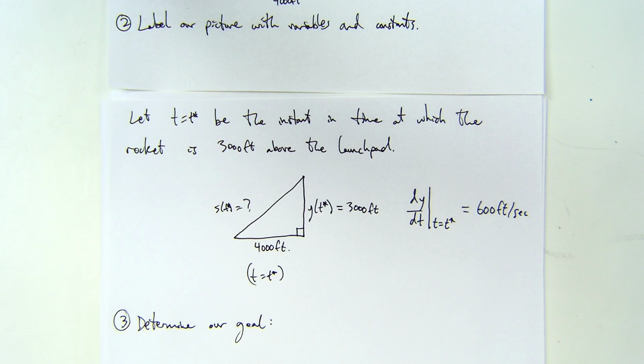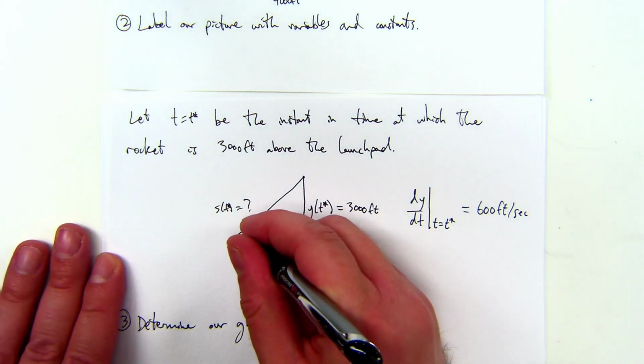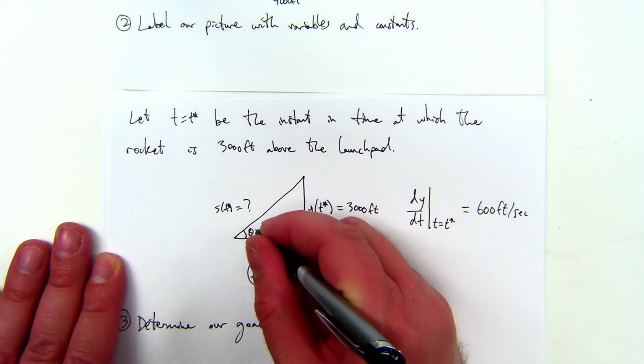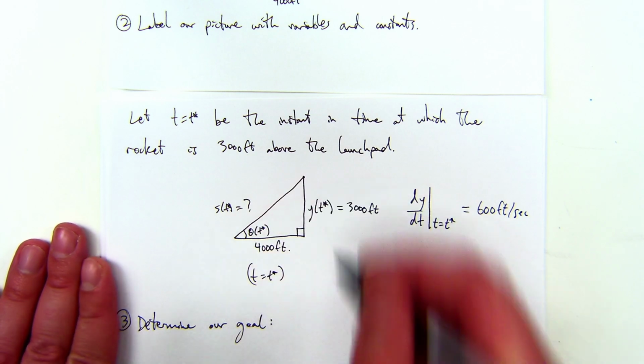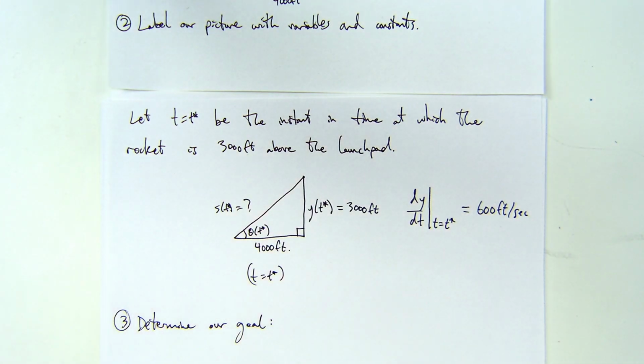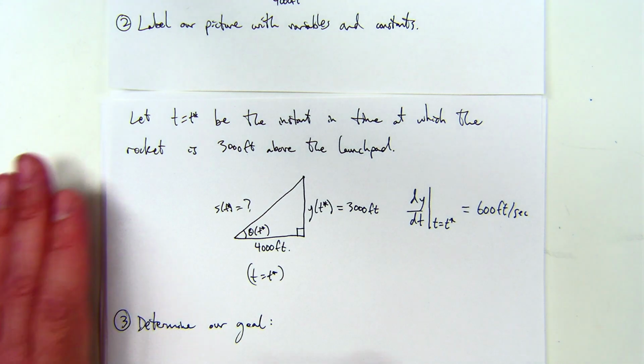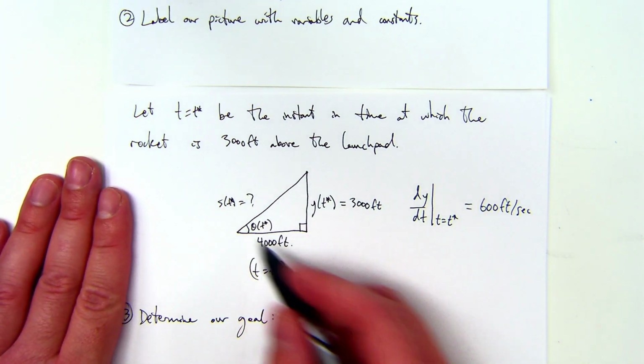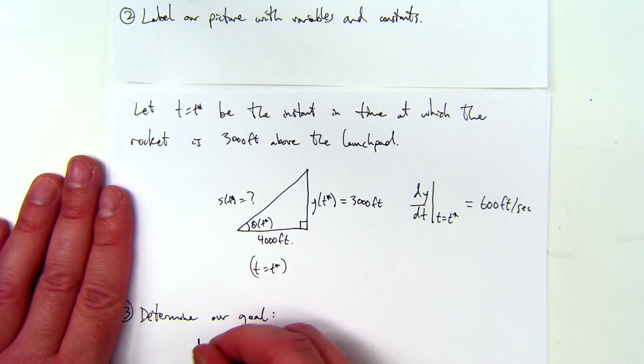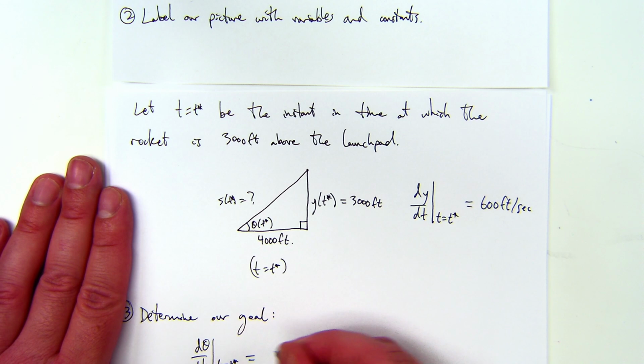And so we need to interpret that. I suppose I could also label here, we're talking about the angle. We don't know necessarily what that angle is, but we'll write in theta of t star. And so the question is, how fast is that angle changing? What's the rate of change of this angle? So the question is, d theta dt at that special time is what?